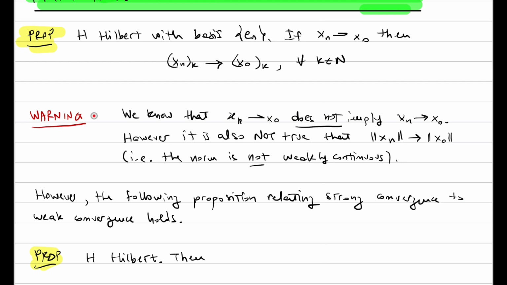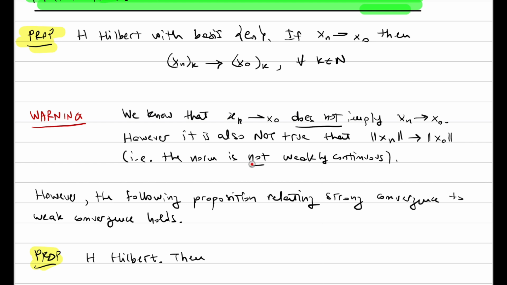So we have here the first warning. We already know that weak convergence does not imply strong convergence. This is not true in normed spaces, and it stays not true in Hilbert spaces, of course. However, I also want to mention that it is not true that if xn converges weakly to x0, then the norm of xn converges to the norm of x0.